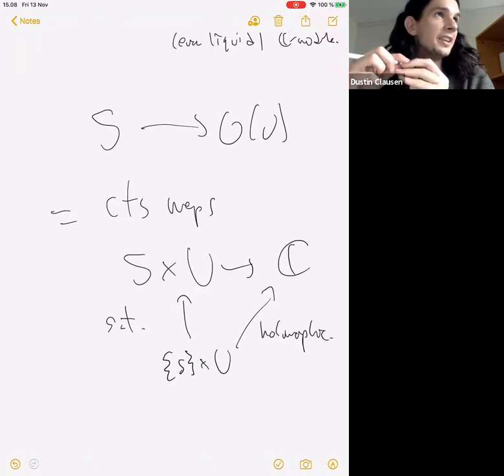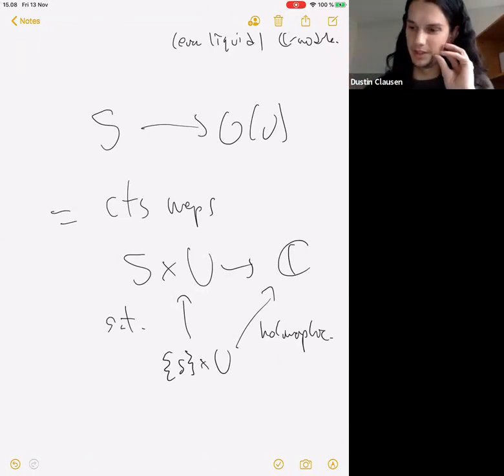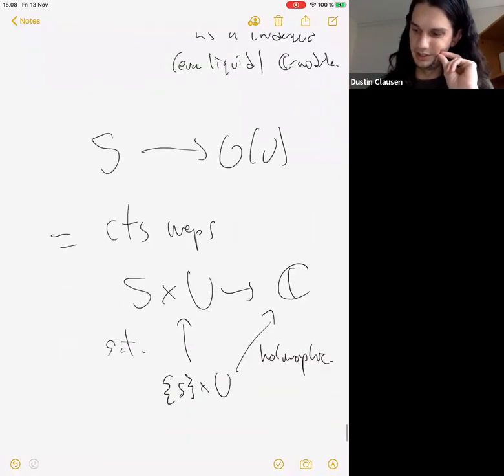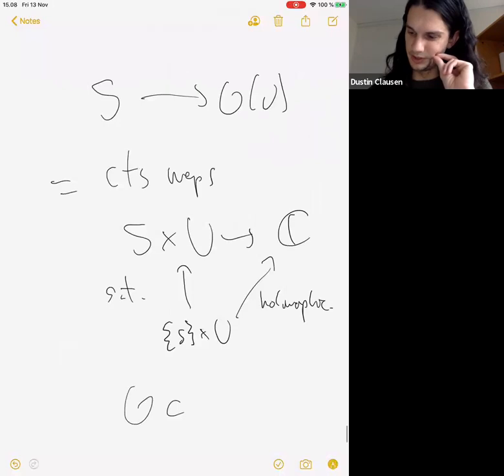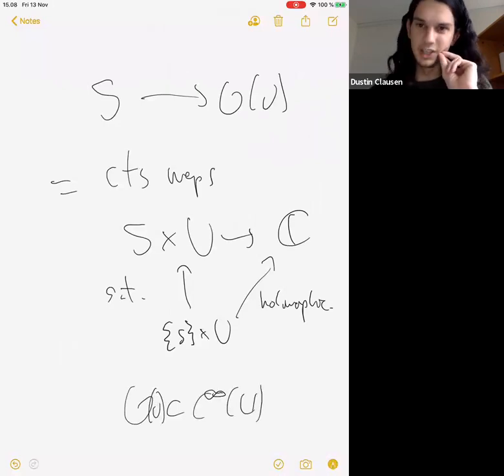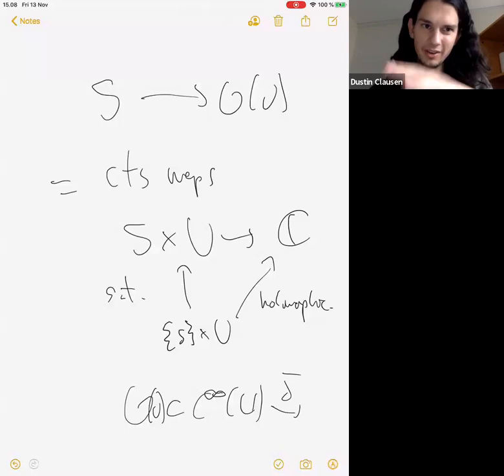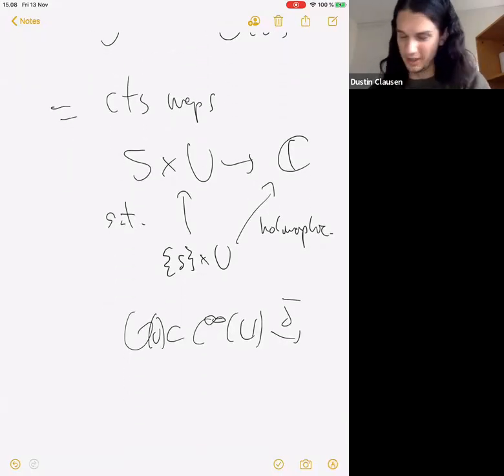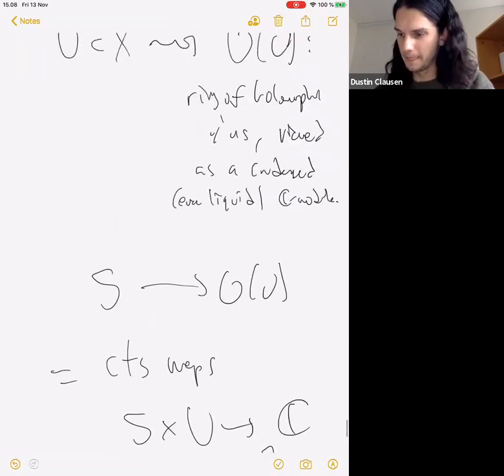And again, things like the Cauchy integral formula will prove that this is the same as, for example, considering holomorphic functions as a closed subset of C infinity functions with its usual Fréchet topology, defined by the kernel of the Dolbeault operator. You can see that all sorts of possibilities for the topology or condensed structure on holomorphic functions are the same.